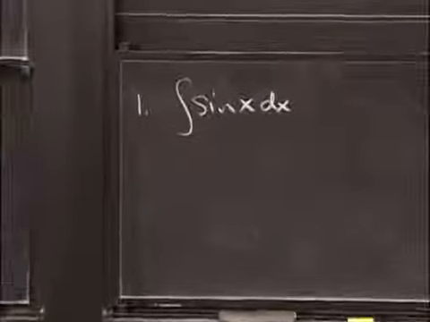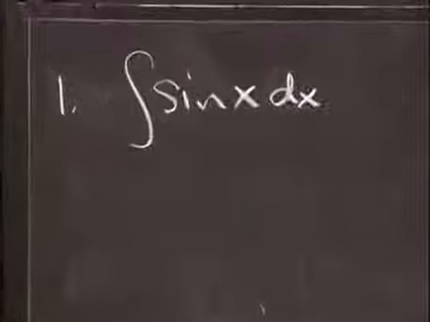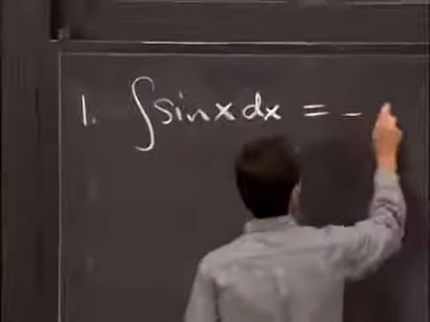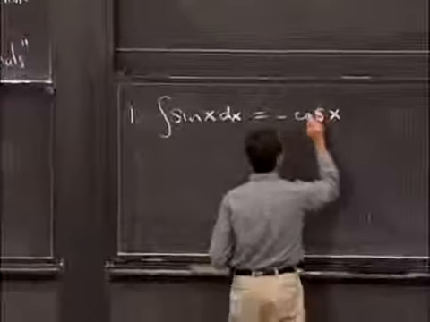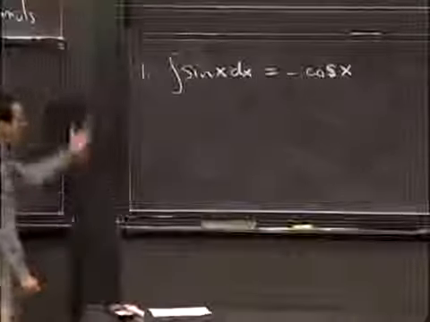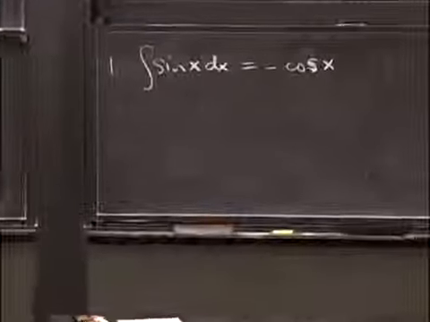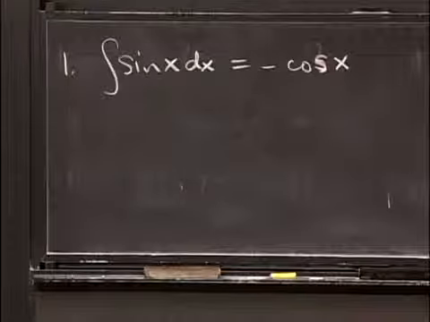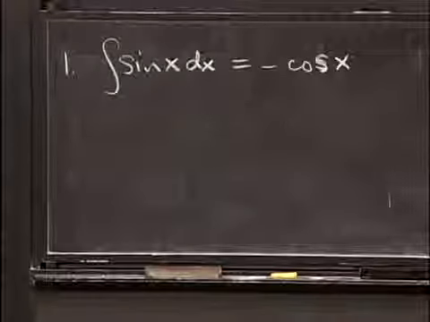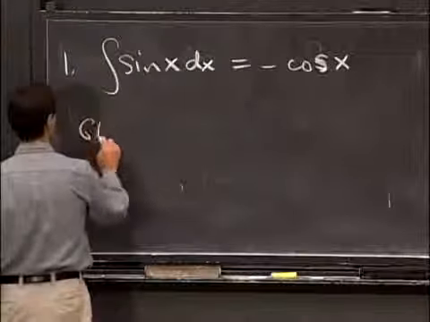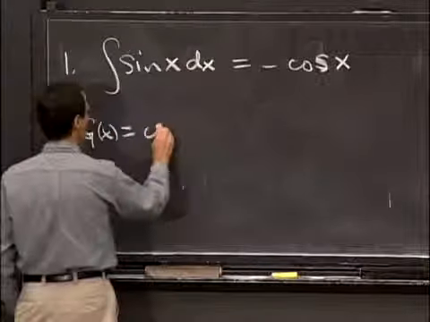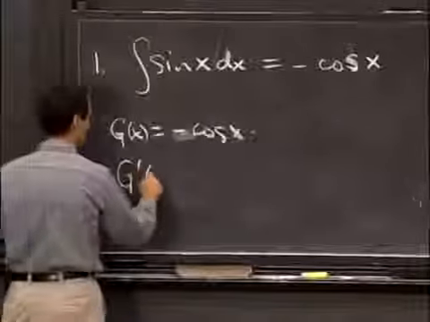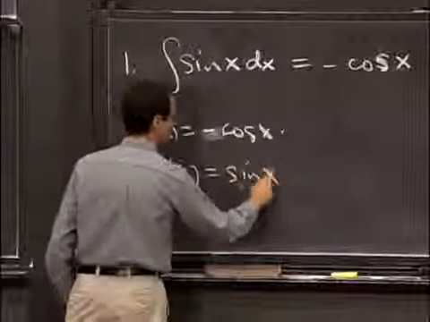So what function would that be? Negative cosine x. Negative cosine x differentiated gives you sine x. So this function, capital G of x equals negative cosine x, has the property that its derivative is sine x.